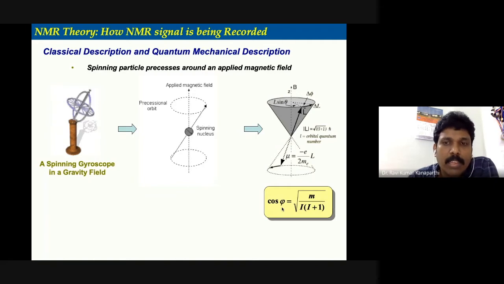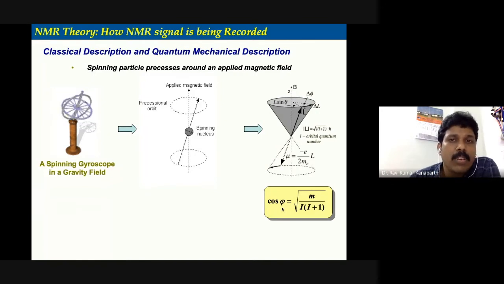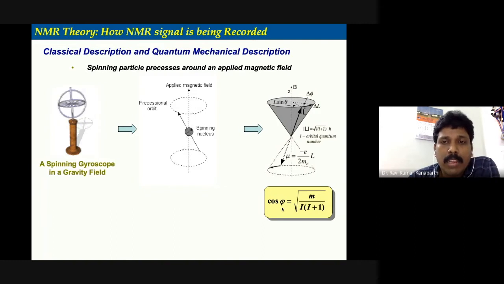So the same thing I shall do. Whenever I talk about the population, the nuclear energy states and the transitions, you have to understand that it is a quantum mechanical description. And whenever I speak about spinning nuclei arranged in a cone of angles, you have to imagine that it is a classical description.